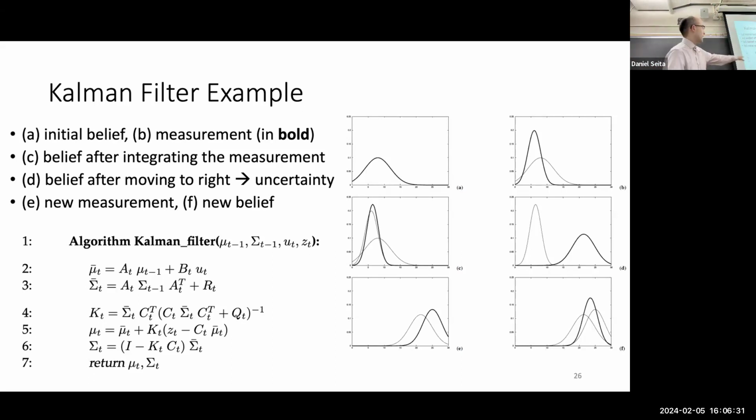Again, the Kalman filter is a recursive algorithm. Like all recursive algorithms, it takes in whatever we computed at the prior time step, incorporates our action and our measurement to get the next thing. The next thing here is just the next mean vector and the next covariance, because these two ingredients are all we need to specify our belief, assuming we are using a Gaussian, and assuming the measurement and the dynamics are linear with Gaussian noise.